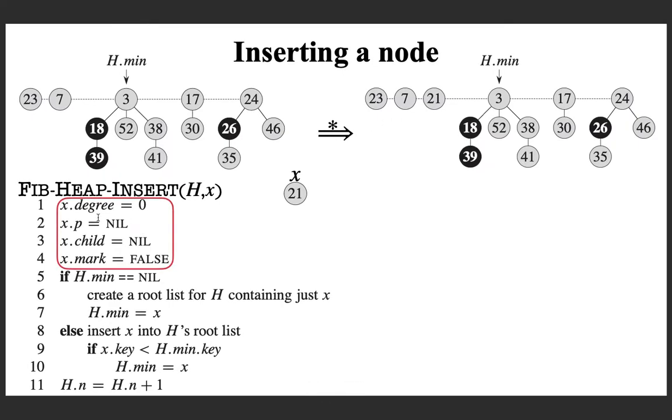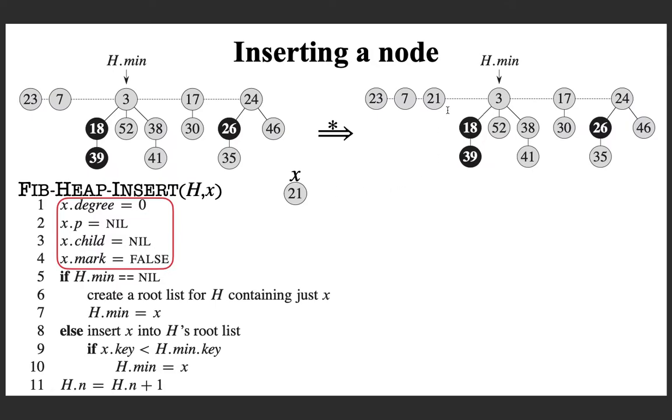In the first part of this procedure, because you are going to insert the node x as the root node of a tree, which is the only node in that tree, a single node tree, you have to say that the parent of 21 is nil because it's not pointing anywhere, and the degree is 0 because there are no child nodes, and because no child nodes are there, the child field must be nil.